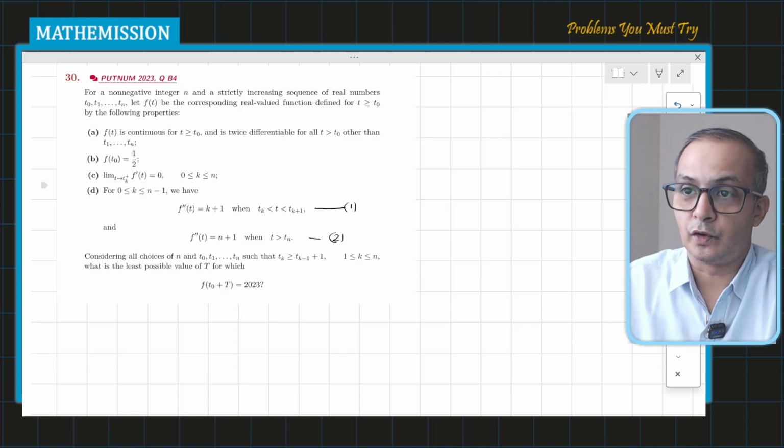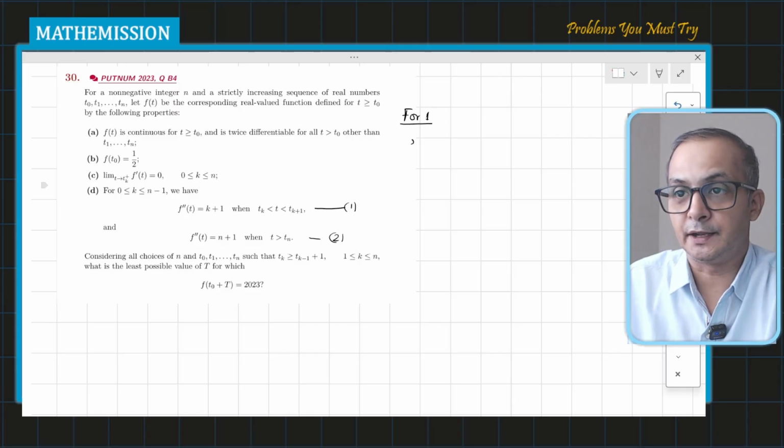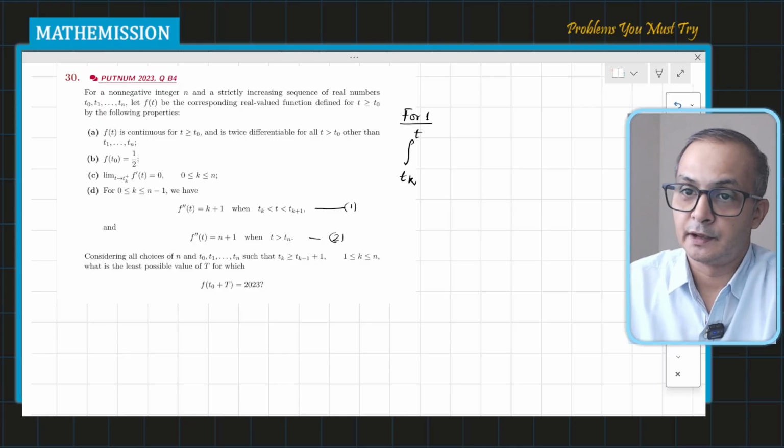So for the first one, what I'm going to do is integrate this second derivative from tk to some number t which is less than tk plus 1.